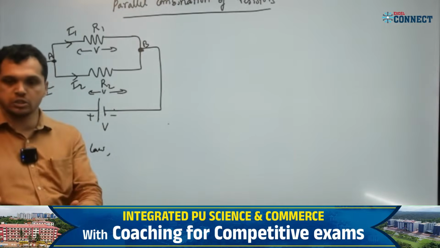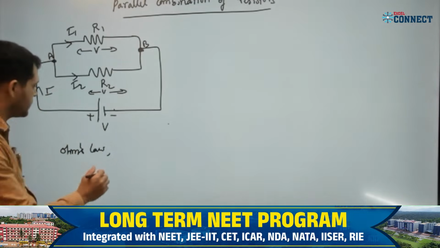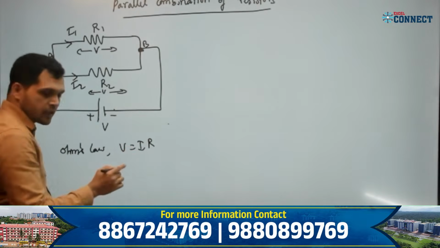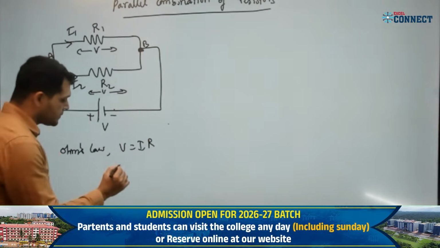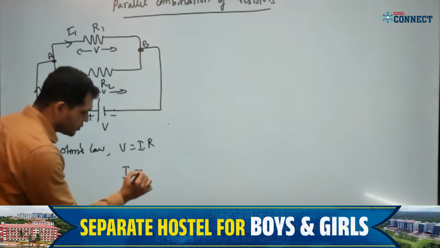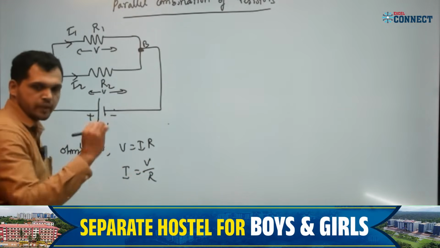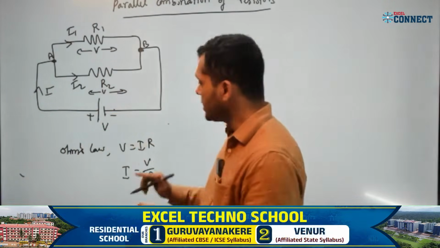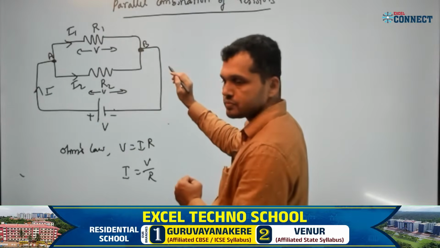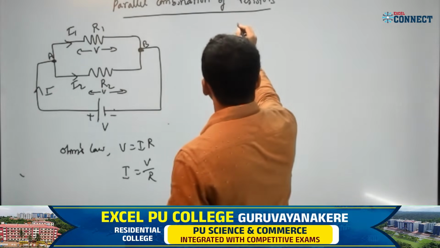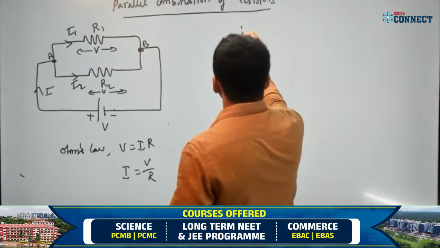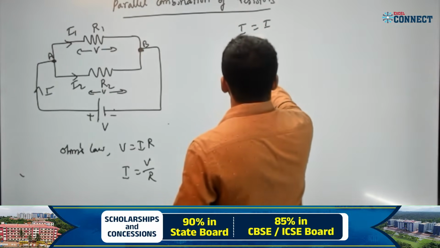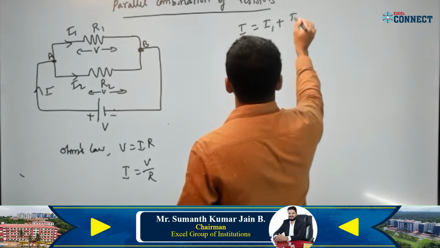That is, V is proportional to I, or V is equal to I into R. So current I is equal to V by R. Using I equal to V by R, I can write the total current I equal to I1 plus I2.